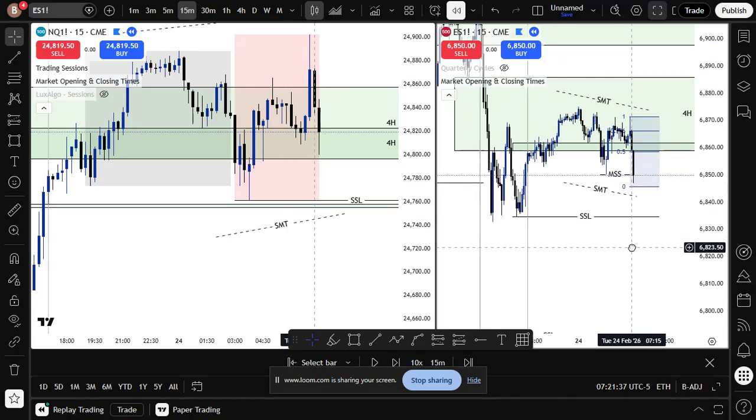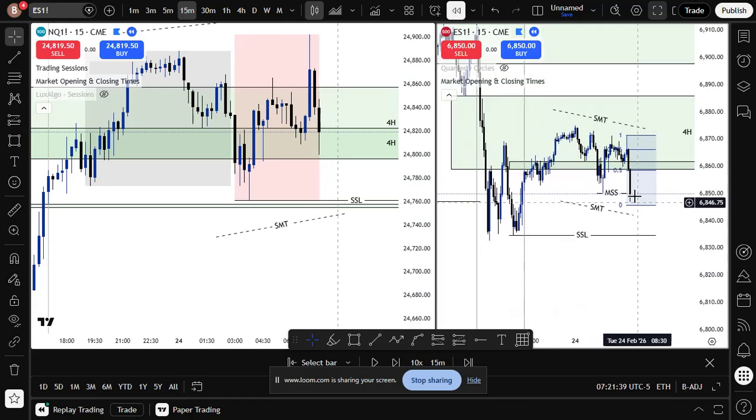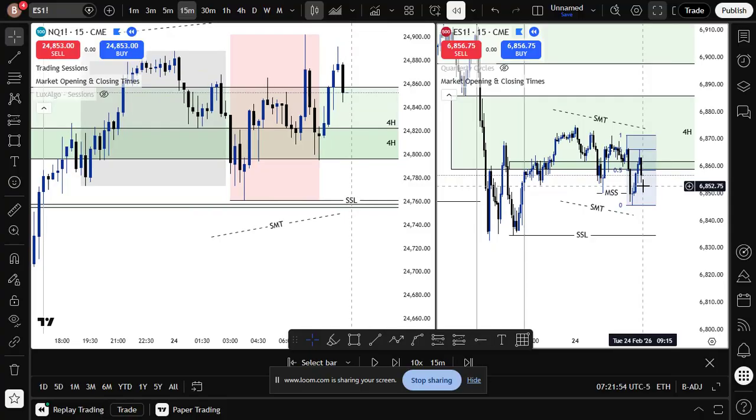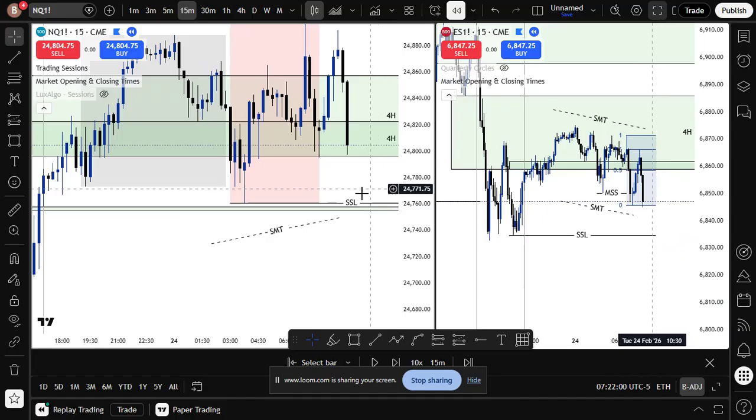Technically, I'm not interested in trading my 22 model because price already came back. As you can see, before, at the time before New York Open, and ideally I needed it during the New York Open.